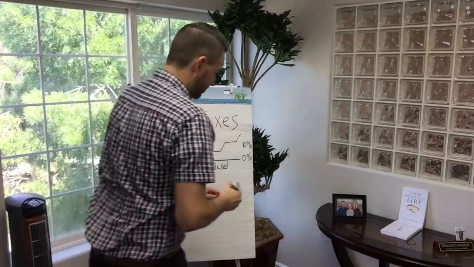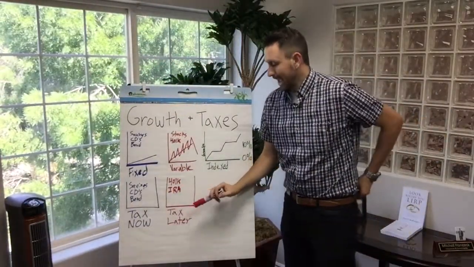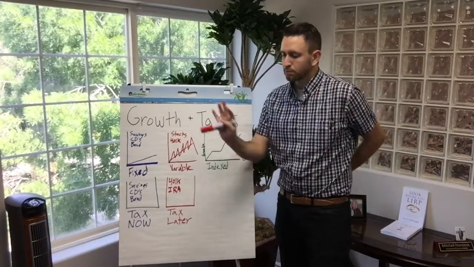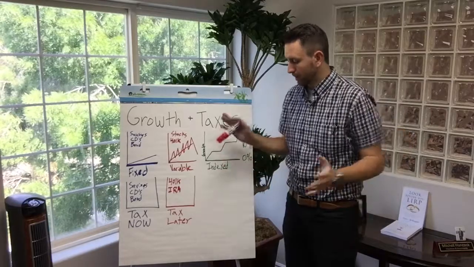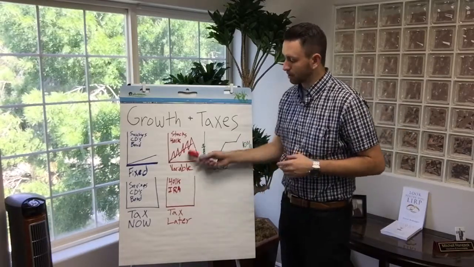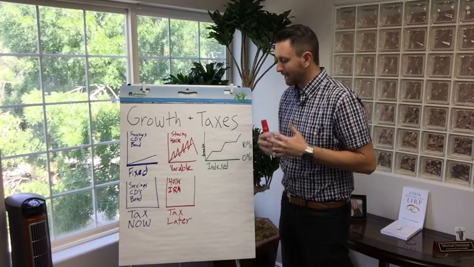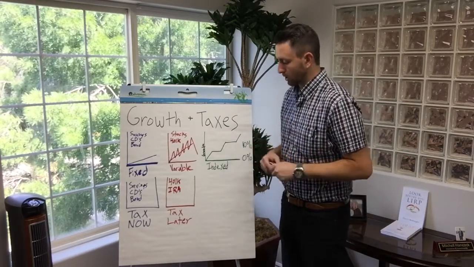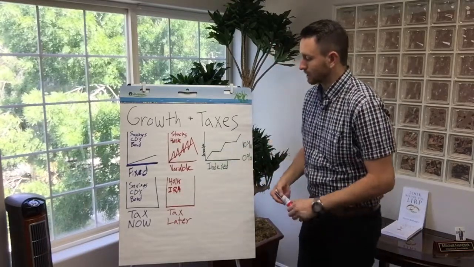The technical term for this is tax deferred, or deferred taxes. So we're postponing paying taxes to a later date so that we don't have to pay taxes on it right now. And typically, as you put money into these accounts, you also get a tax benefit right now, during your working years or whatever phase of life you're in. So this is kind of how the tax later thing works.